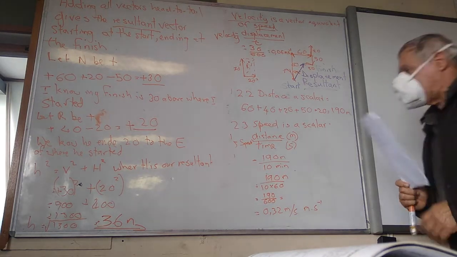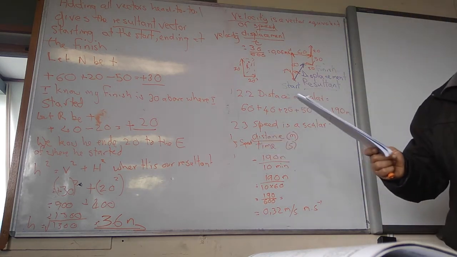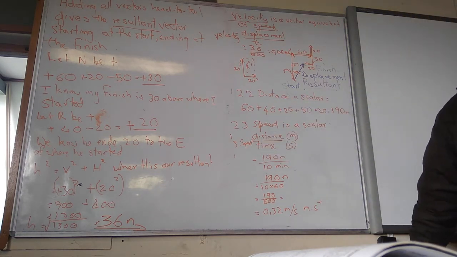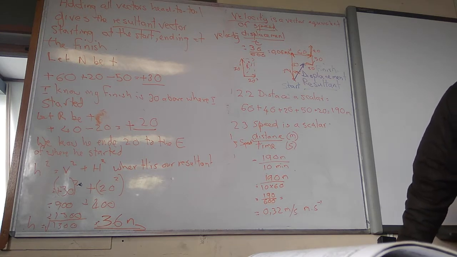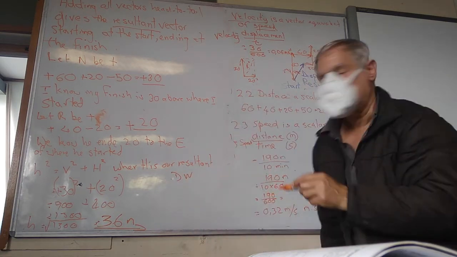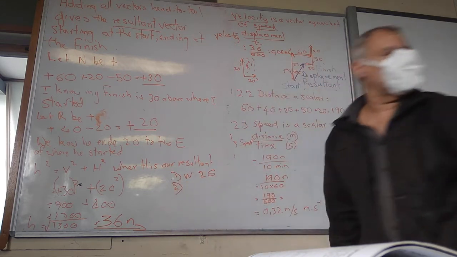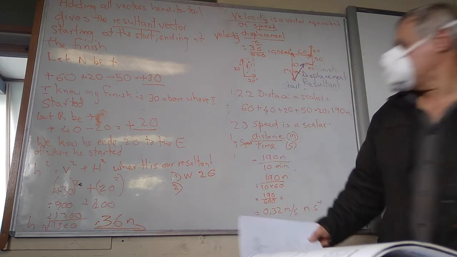Okay, so here the pirate starts at the palm tree. Anyone, just call me north, south, east, west directions and magnitudes. West. West, okay. West, how much? 20. Then he goes south, 40.